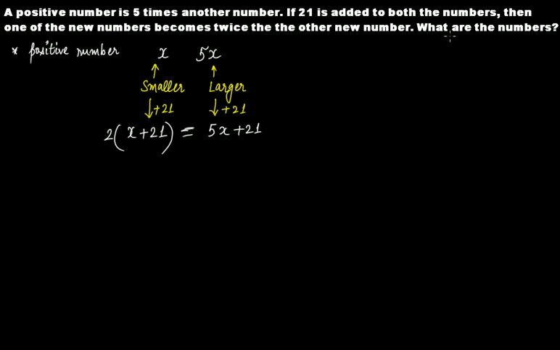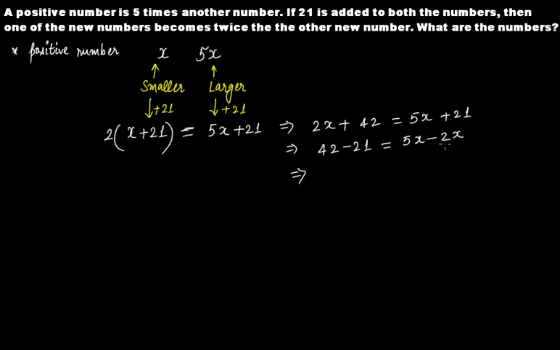Okay, what are the numbers? Now solve it for x. This is 2x plus 42 is equal to 5x plus 21. Transposing 2x to the right hand side, this becomes 42. Transposing 21 to the left hand side, minus 21. 5x minus 2x.